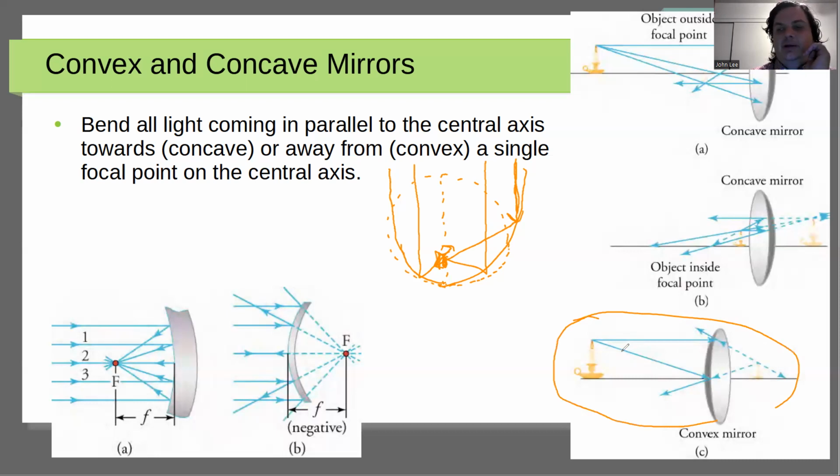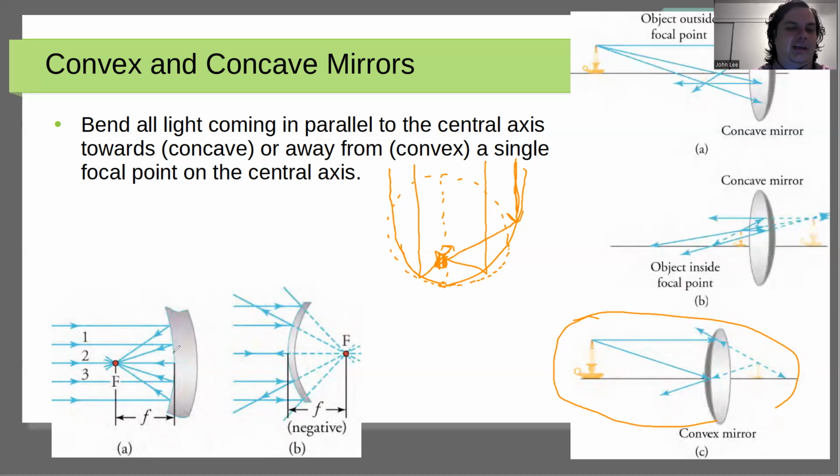If you place a candle in front of the mirror, it looks like all the light is coming from a candle behind the mirror because of the way the mirror is shaped. It scatters the light out so that it looks like the light's coming from behind the mirror, but again, it can't.